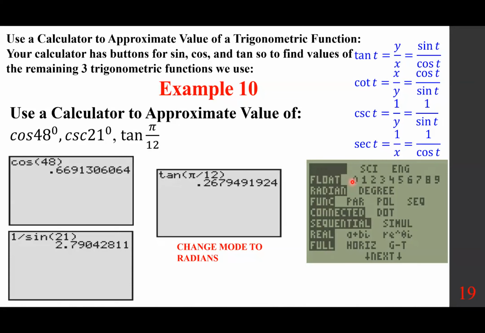Otherwise, you can choose the mode. For example, we change this to radian mode for tangent, and tan of pi over 2 is that. I hope everybody's clear. You want to pay attention to this. Is it in radian? Is it in degrees? If it's not right, it will not give you the correct answer.